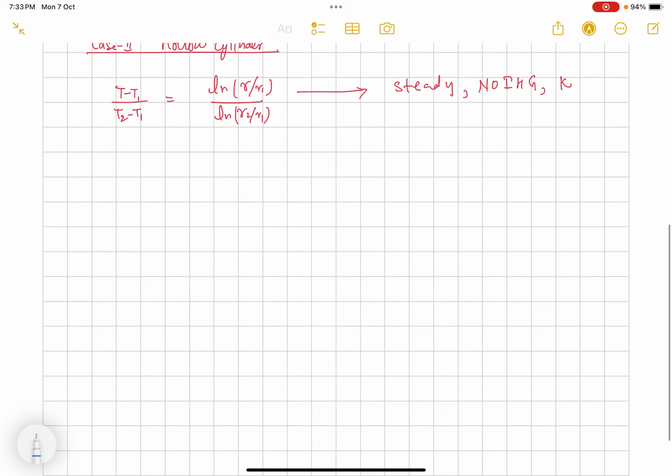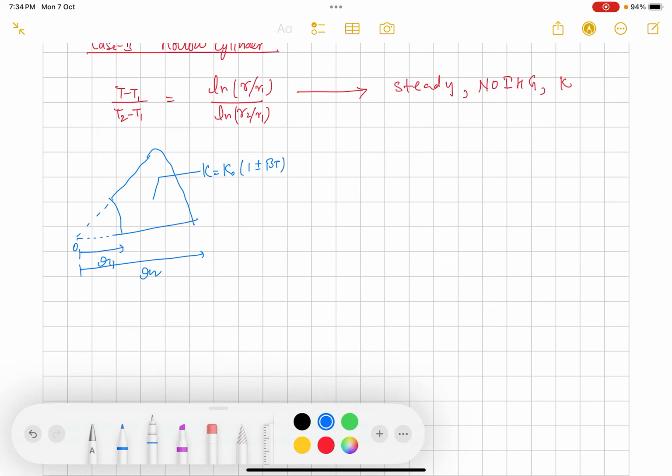So let's suppose this is a hollow cylinder, this is the center of the cylinder, this is radius R1, radius R2, and thermal conductivity is again varying with temperature. We have to find the temperature distribution as well as the heat transfer through this hollow cylinder.